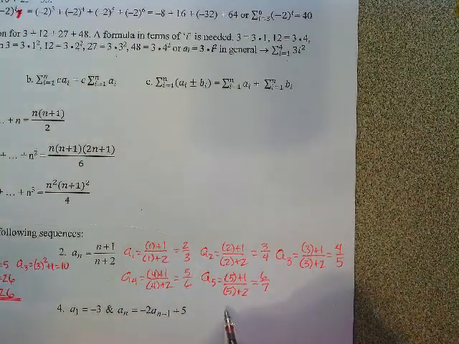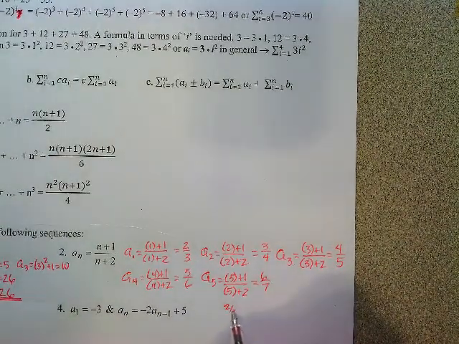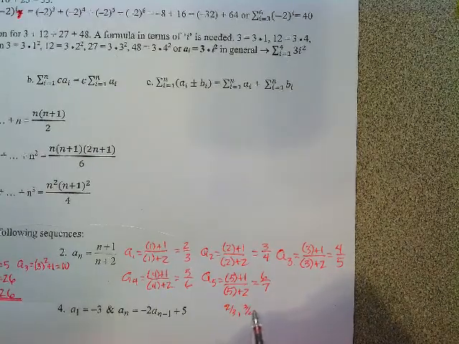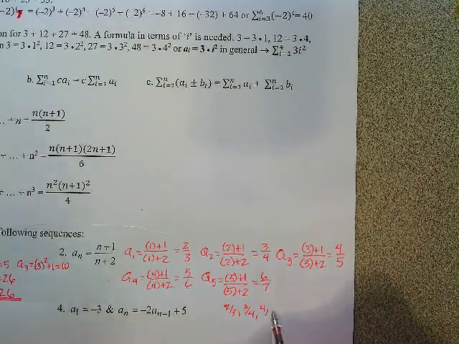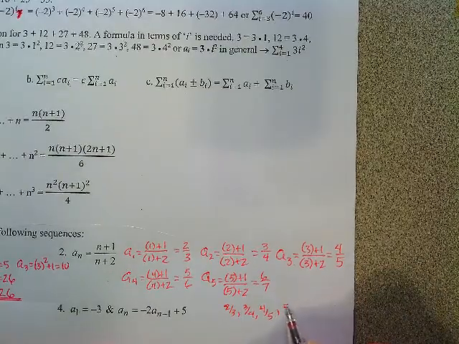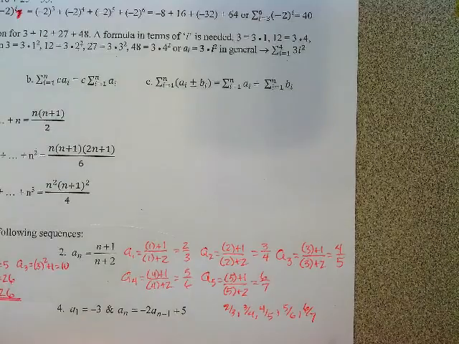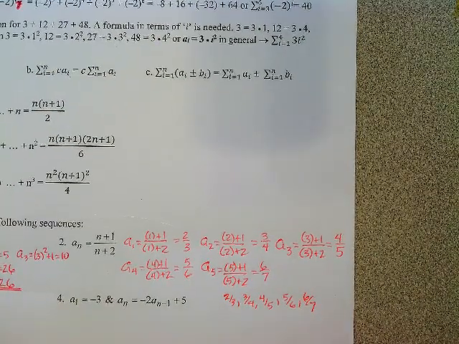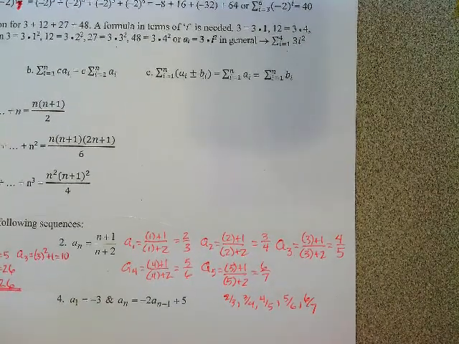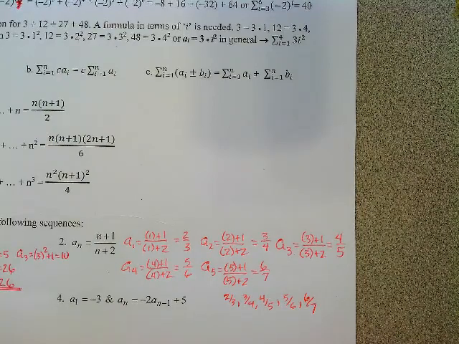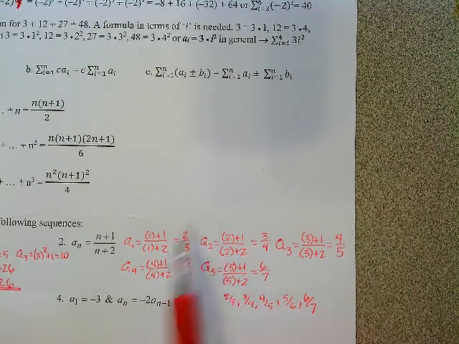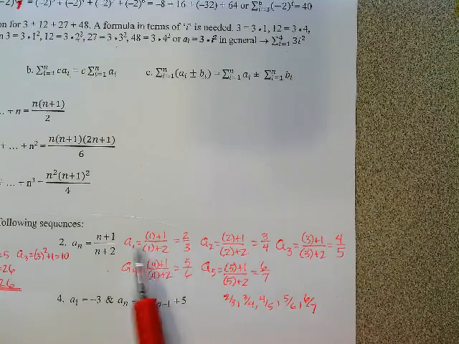So the sequence for the first 5 terms was 2/3, 3/4, 4/5, 5/6, 6/7. So again, everywhere we have an n, they have to match.